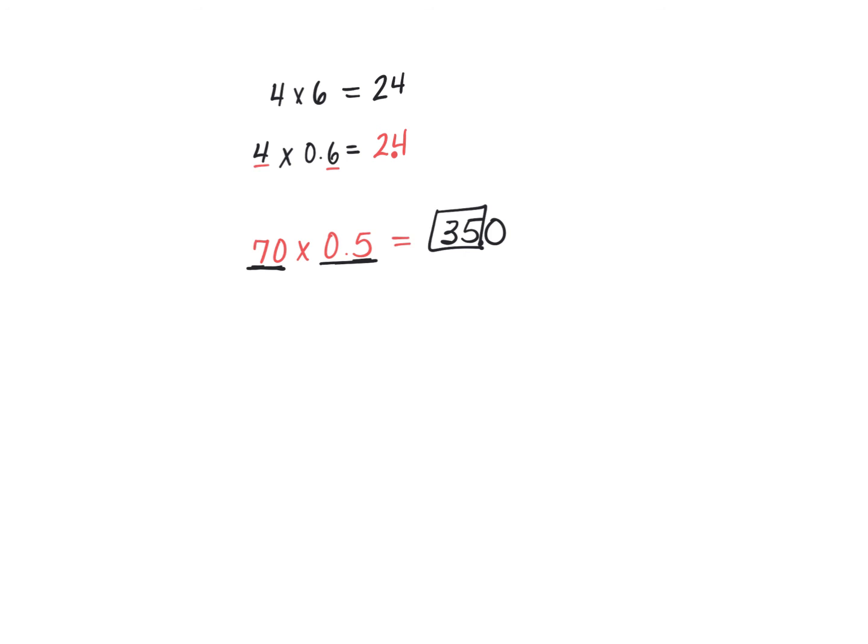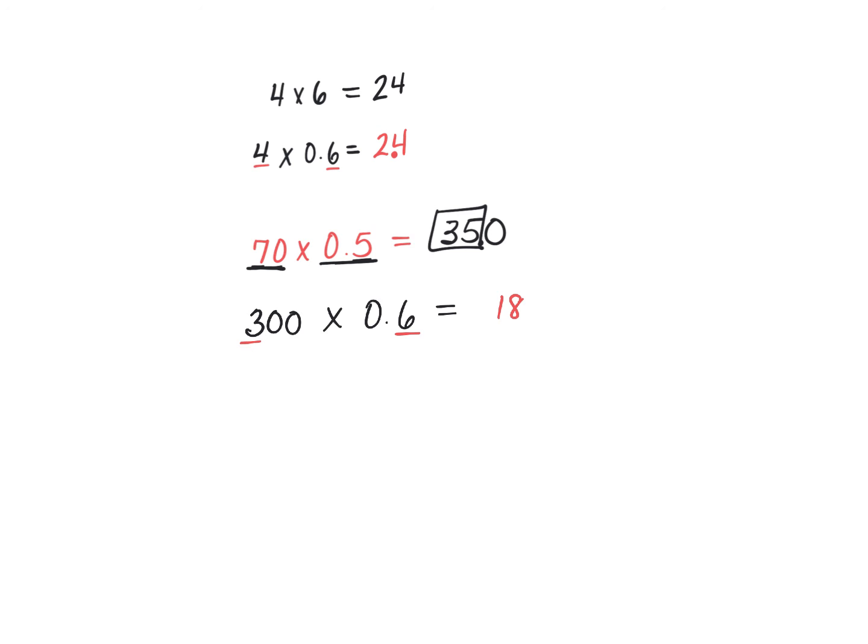Let's do one more. Let's do 300 times 6 tenths. All right, my basic fact: 3 times 6 is 18. So I'm going to have the 1 and the 8 somewhere in my answer.